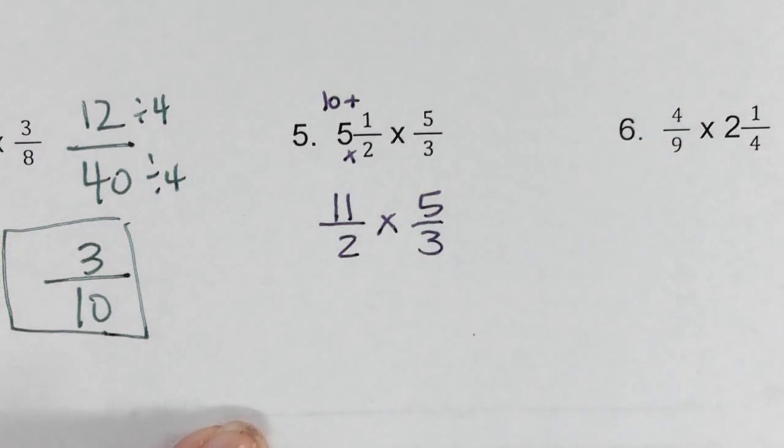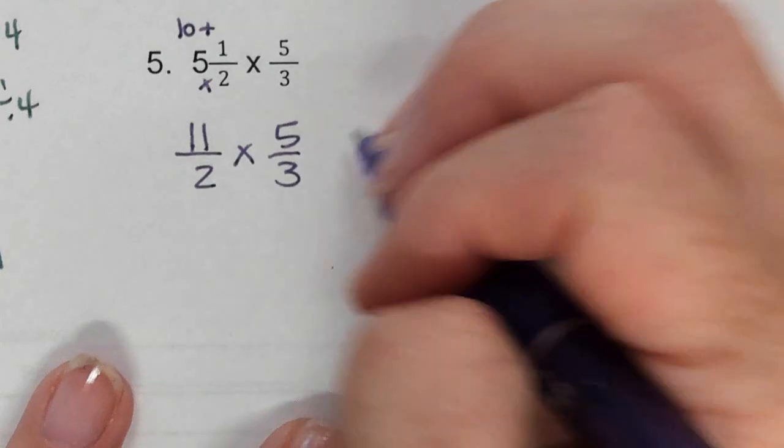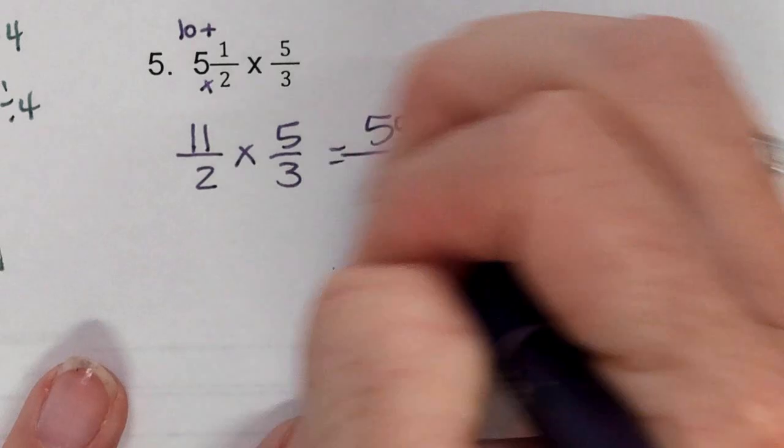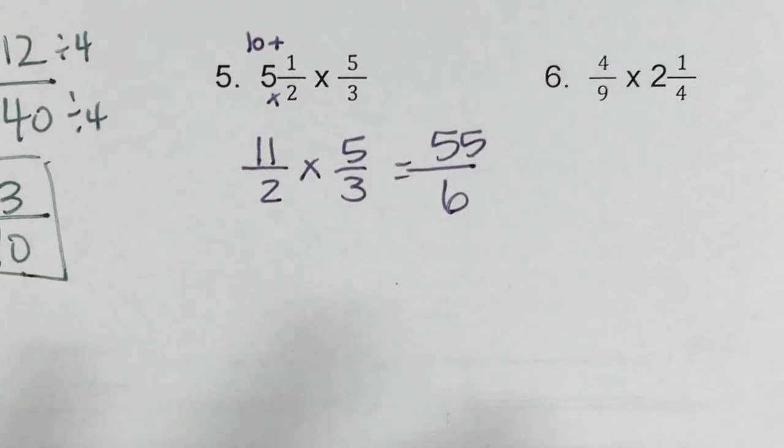Once you've done around the world, I want you to look up at the board and see if you did it correctly. Yes? All right, now multiply straight across. Do we have to have a whole number? If it's an improper fraction, so if the numerator is bigger than the denominator, then yes.